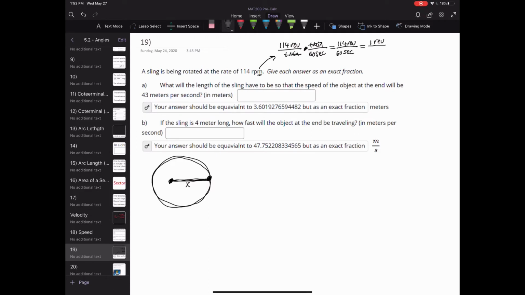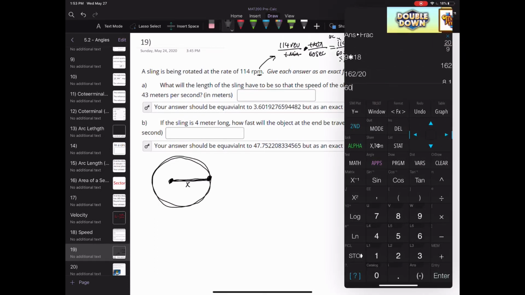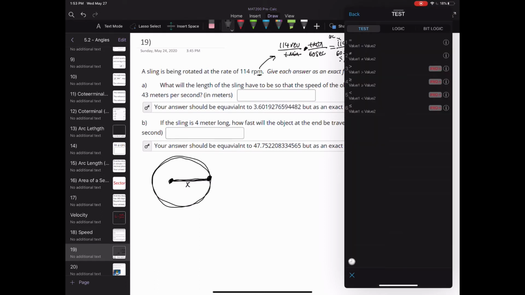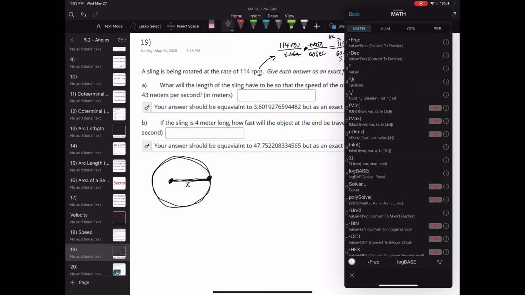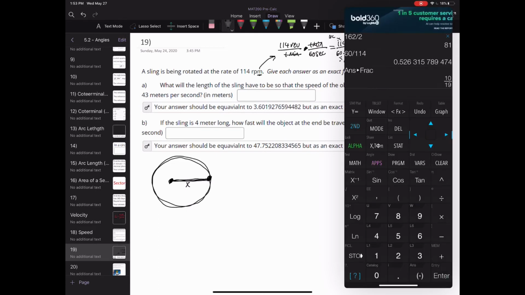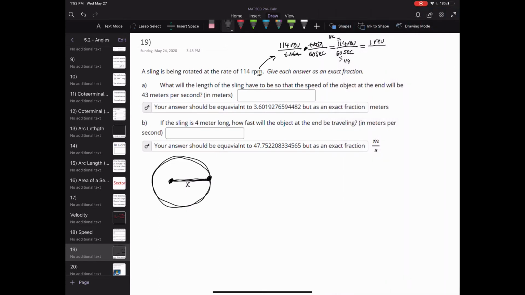So all I'm going to do is divide the top by 114, and then do the same thing for the bottom. Divide that by 114. So 60 divided by 114, and let's put that in fraction form, 10 over 19. So one revolution happens in 10 over 19 seconds.